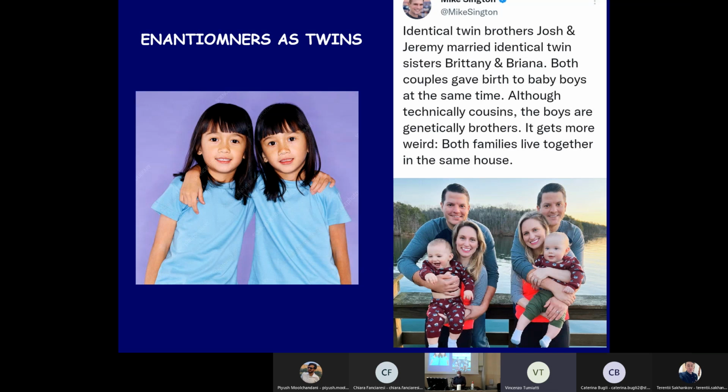Okay, quite a strange story. And if you want to separate the two twin sisters, we have to introduce an element of diversity. Otherwise, they remain together.